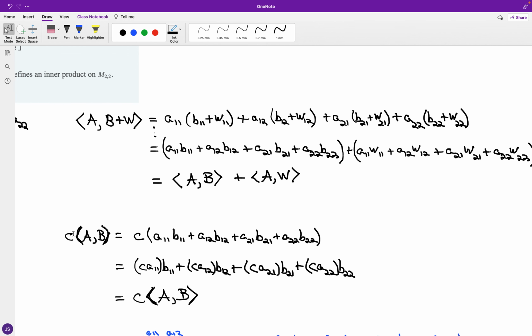And we have the third axiom, where we have the scalar. So if I distribute C over the inner product of A and B, we have the function with C over these four items.